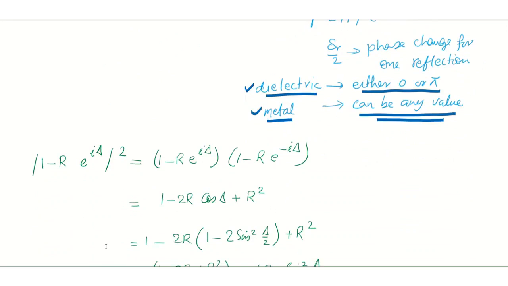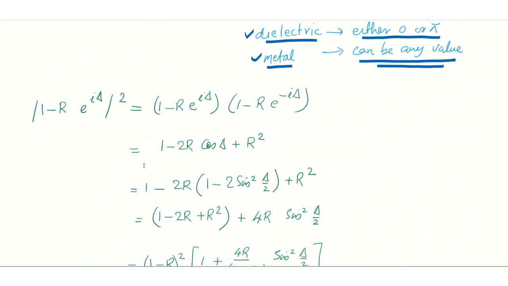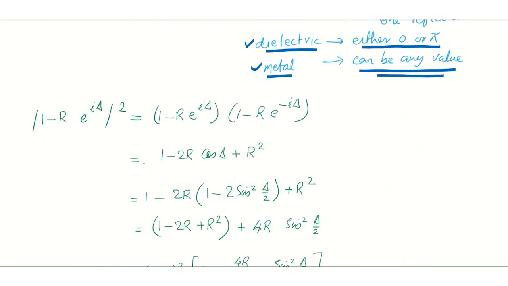In that case, let's find out what the denominator, 1 minus r, is. The modulus square is the product with the complex conjugate, and this is what you get if you do that multiplication.